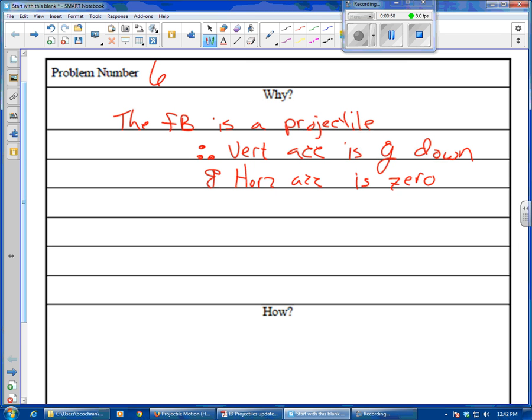Then, now we think of this one more precisely, and I would think of things like it lands at the same height. Height it started.